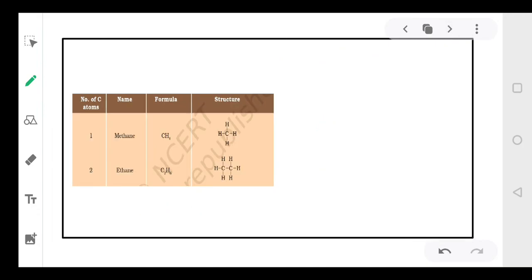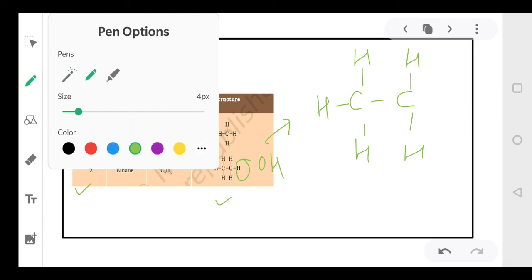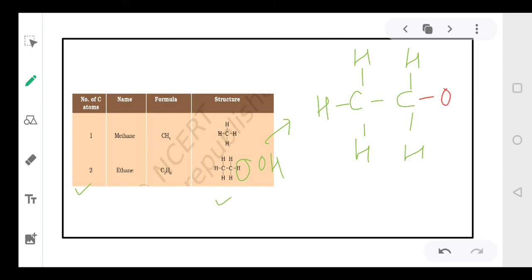Second, we will talk about ethane. Let's look at the formula. It is C2H6, so this is the structure of ethane. Here again, this hydrogen atom will be replaced with OH. Rest everything will remain the same; the only difference is we replace one H with OH.